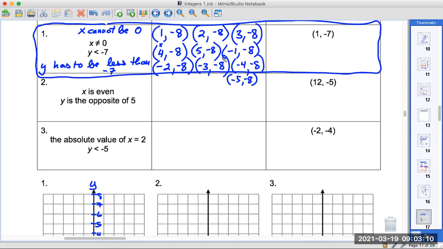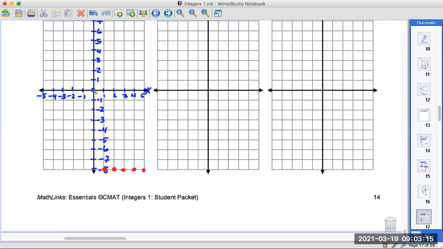Then I'm going in the negative direction on the x's. Start at 0, 0, -1, -8. Start at 0, 0, -2, -8, -3, -8, -4, -8, -5, -8. Notice all the lines, and it cannot be 0. So this one is not there because x cannot be 0. So all of these and all of these. So that's the first question.